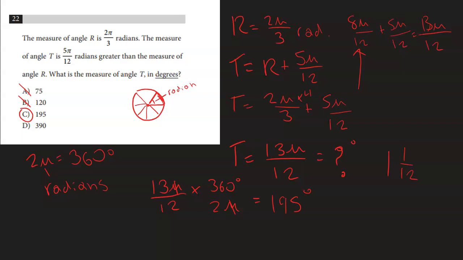Or if you're thinking 180, then you could say 180 plus a bit, you would find 195, and that would give you a 50% chance of getting it right because you'd be between C and D. So just food for thought. If you made it about halfway and needed to guess, that's a good train of thought to follow.